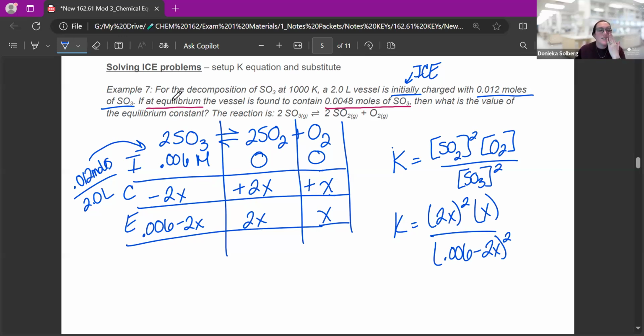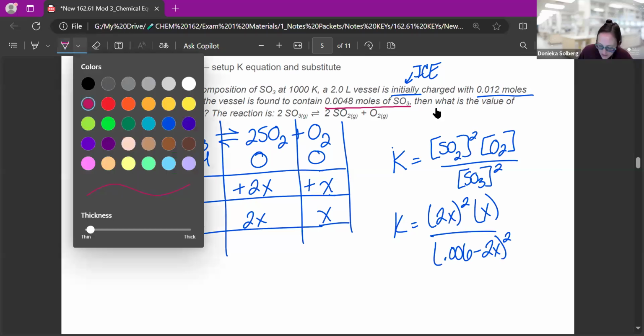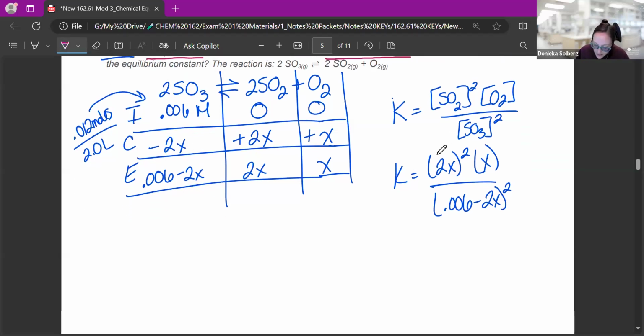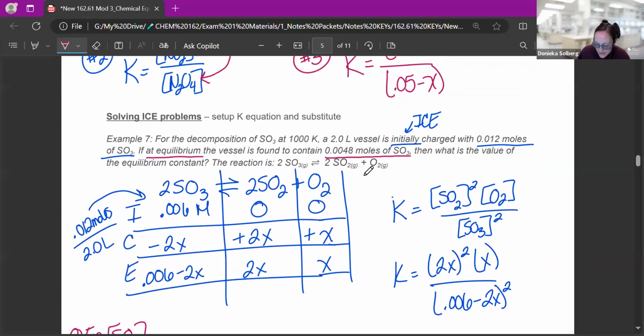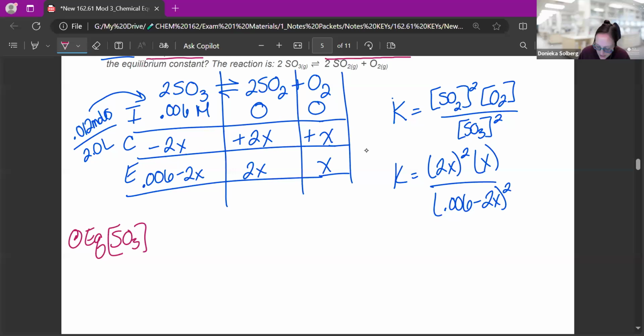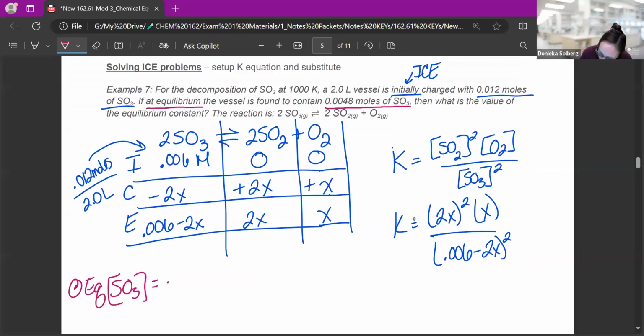So if we kept reading, it says if at equilibrium, that's the part we're going to use now, the vessel is found to contain 0.0048 moles of SO3. So I'm going to switch colors because I'm at equilibrium now. I now have that my SO3 concentration is, again, I'm going to put this into molarity, 0.0048 moles.